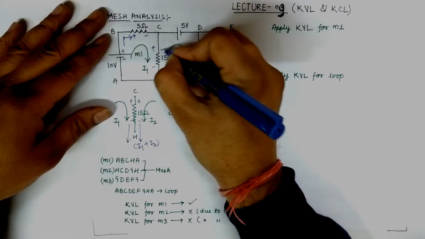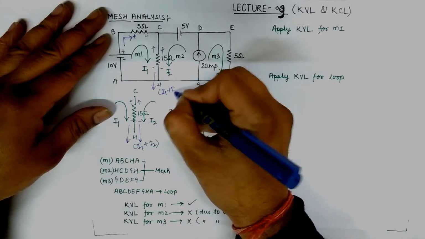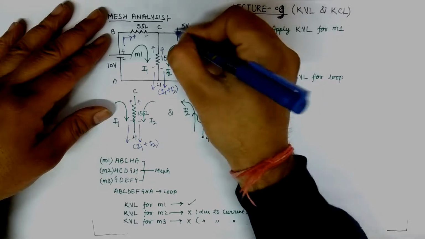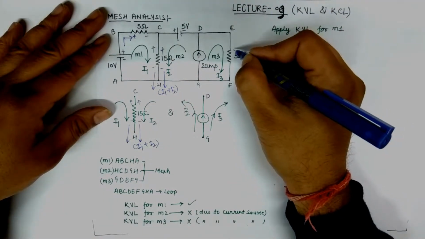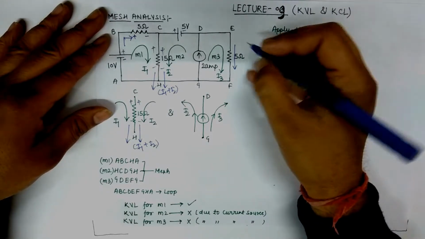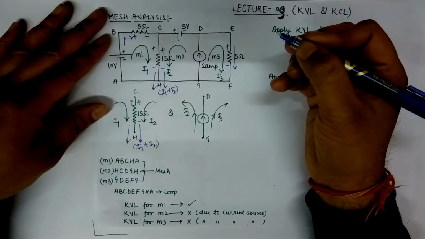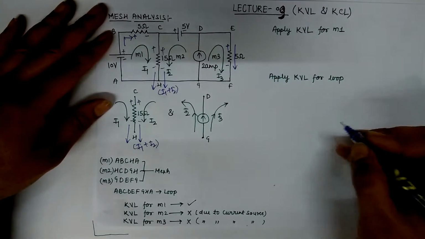We apply I1 plus I2 here. This is positive, this is negative. Now in this mesh 3 current is flowing through E to F and it would be plus and minus. So start KVL.